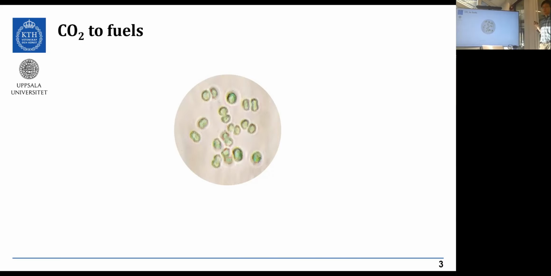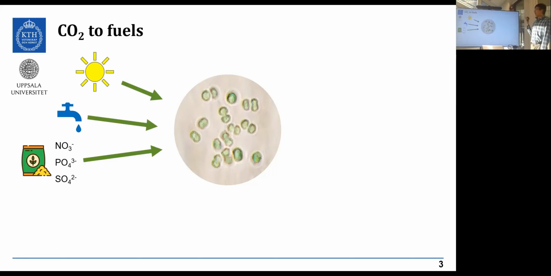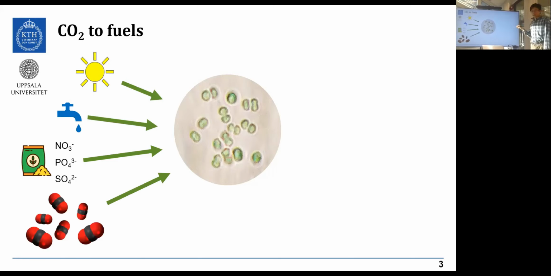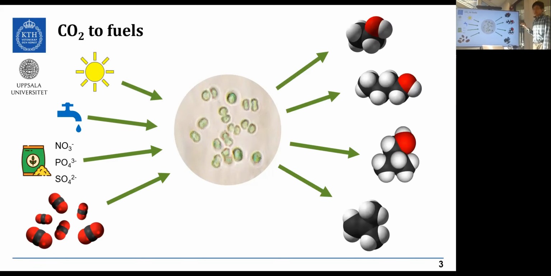They have the potential to be cell factories to convert sunlight, water, nutrients, and of course carbon dioxide into various types of fuels. In this study, we used Synechocystis PCC 6803 as our little cell factories, since they are one of the model organisms for cyanobacteria.